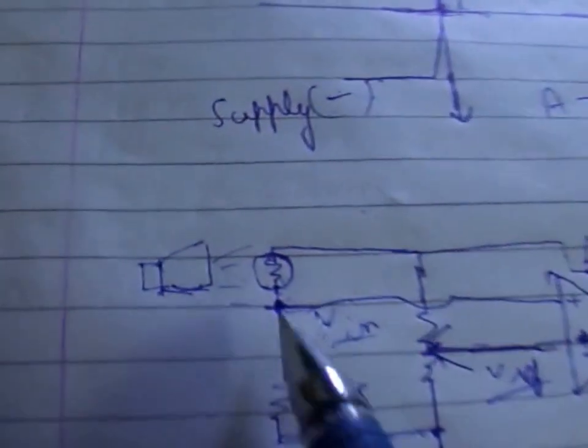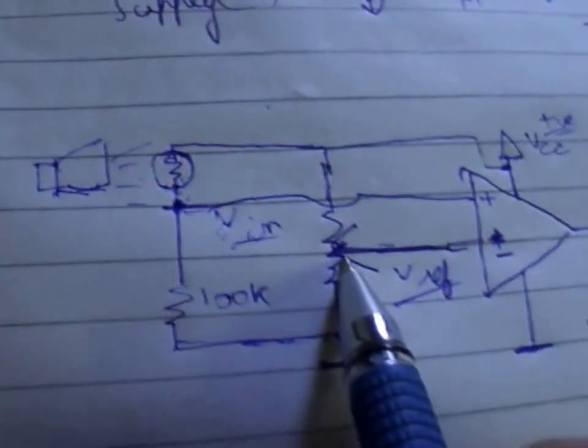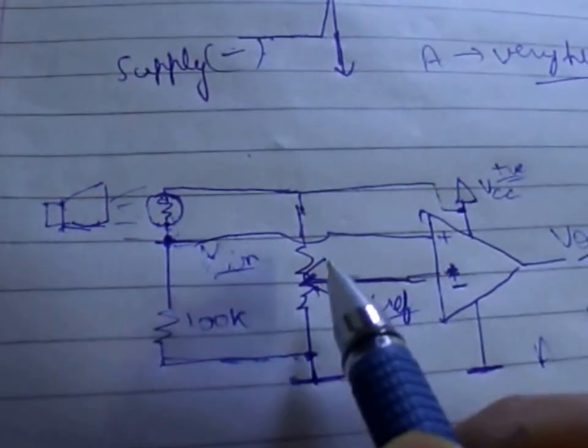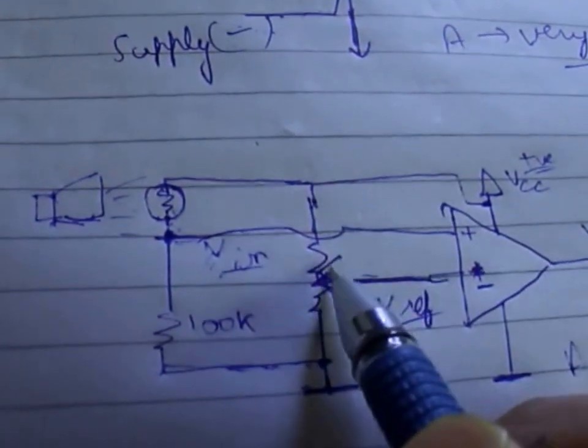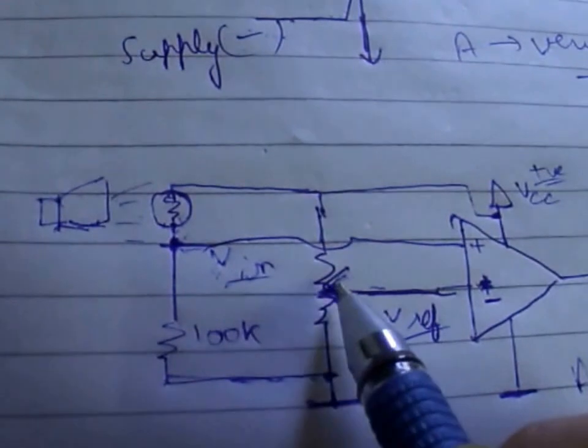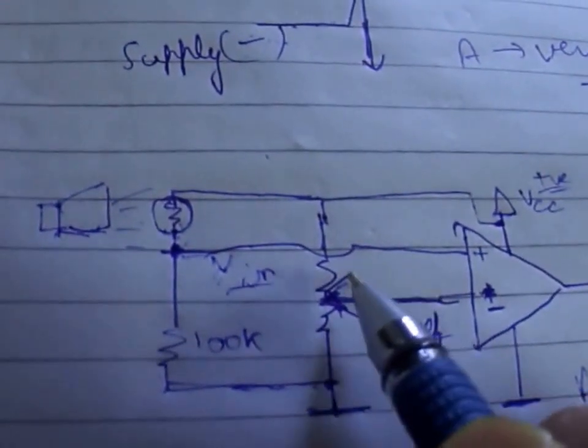So what will happen is, as we set this to a particular position, that will be our V reference. Suppose I set it to the halfway, that is the angle by which I rotate the potentiometer is half.